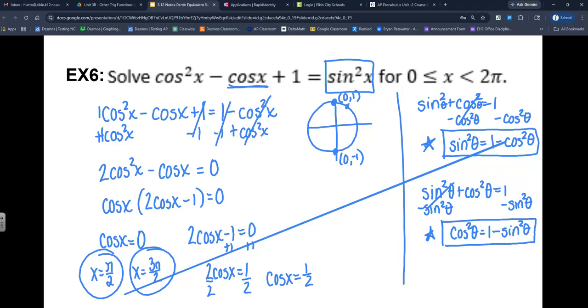That is the x-coordinate right here, (1/2, root 3 over 2), and also right here, (1/2, negative root 3 over 2). So I would get x equals pi over 3 and x equals 5 pi over 3.